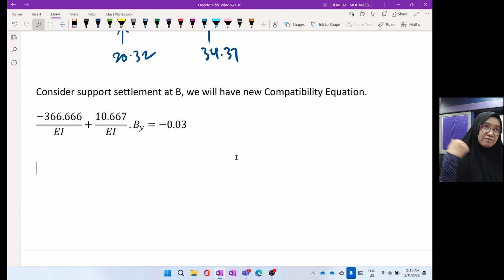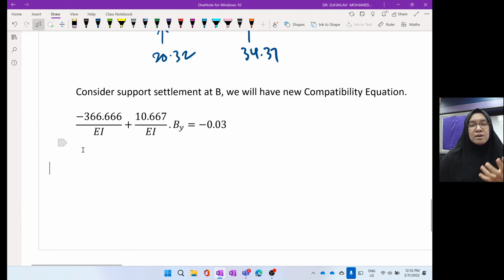Bila kita divide with EI, then only we get in meter. So if EI is given, use EI given. If not, you just assume that E is equal to 200 GPa.